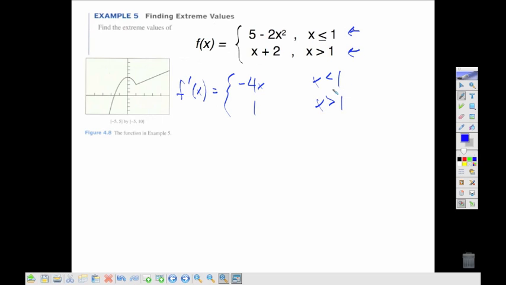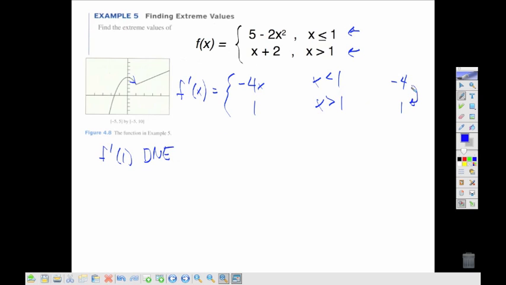Now notice I did not bring this equal sign down yet because I'm not sure yet. And we really should check our f prime, like assuming if I did plug 1 into here, notice that as I'm approaching from this side, it's approaching a value of -4, where the other side is approaching 1. So we can see that f prime at 1 does not exist.